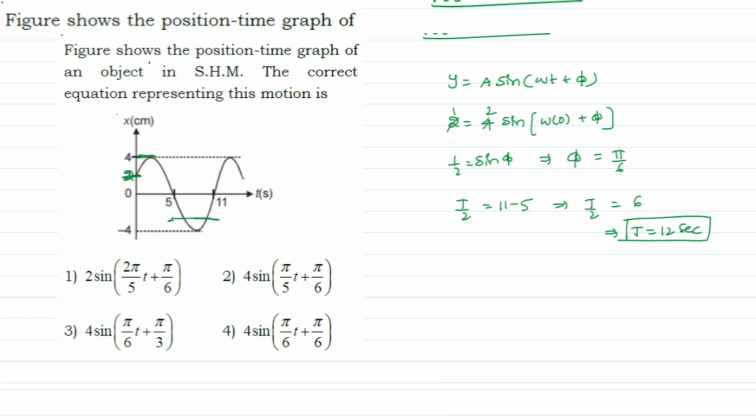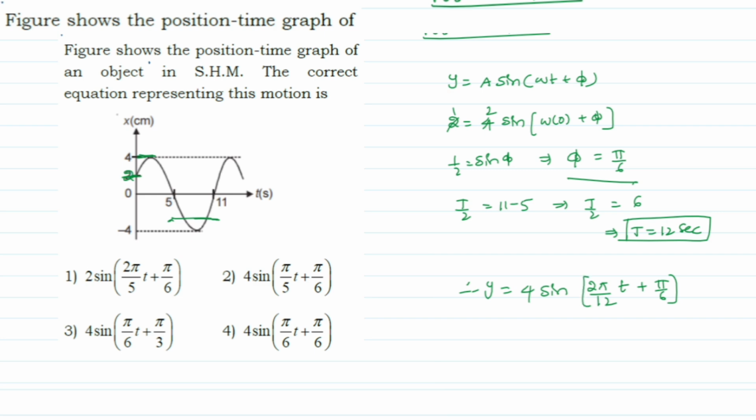Now we need to write the correct equation. Then y equals amplitude, given as 4, into sine of omega t, where omega is 2 pi by T. T is given as 12 seconds, the time period value, into t plus the initial phase we already calculated as pi by 6.